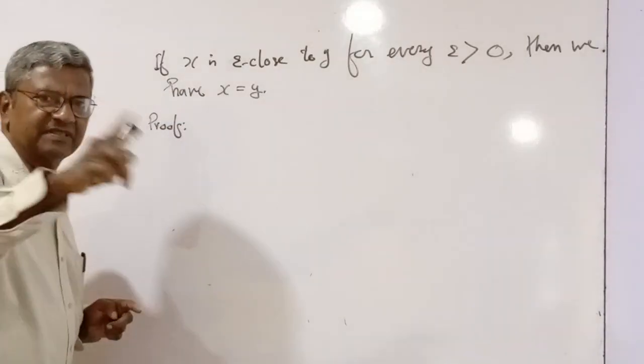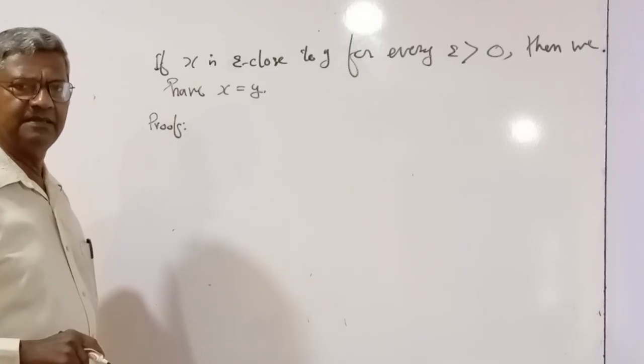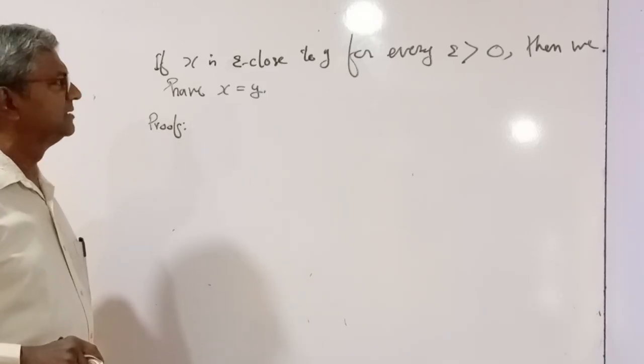So, what should be the first line I should write to them? No, only by looking at this. We want to prove this thing. Okay, say this is a proposition. What I am asking is, what should I write first?